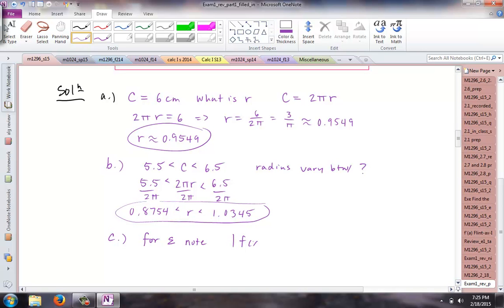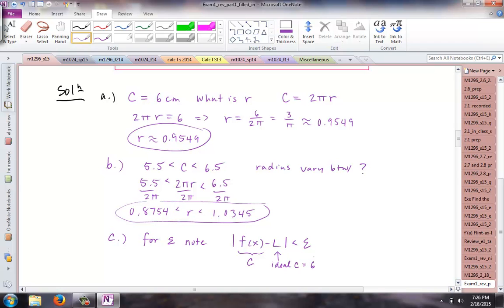The absolute value of f of x minus L, its absolute value is less than epsilon. So our function in this case that relates like the x and the y is the circumference. And then the circumference that was like the ideal circumference in the problem setup was 6.